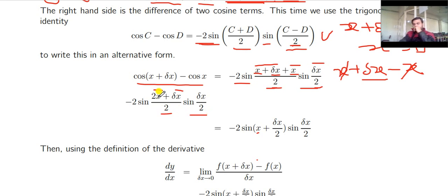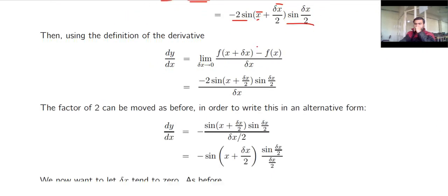Now we divide the numerator by 2 because 2 is in the denominator. So 2x upon 2 will be x and del x upon 2 will be del x by 2, and minus 2 sine we write in the front side into sine del x by 2 we write here.